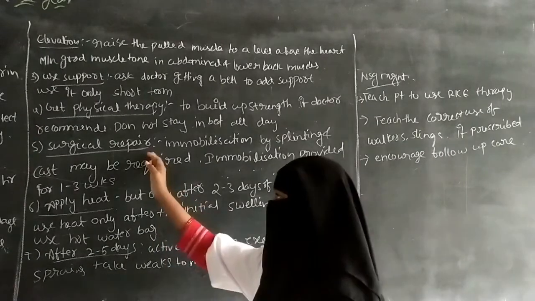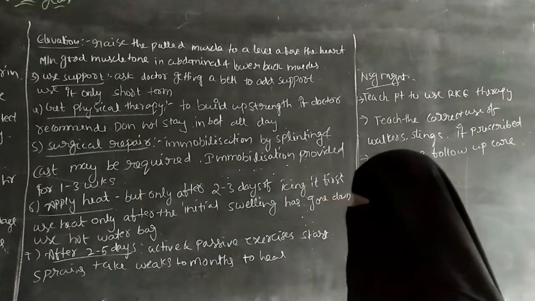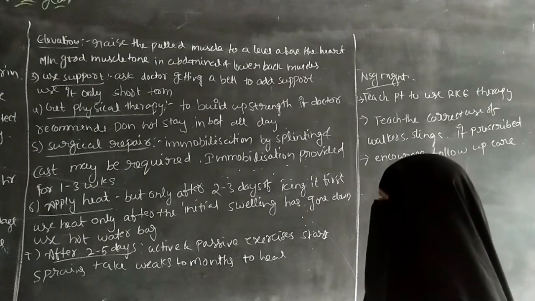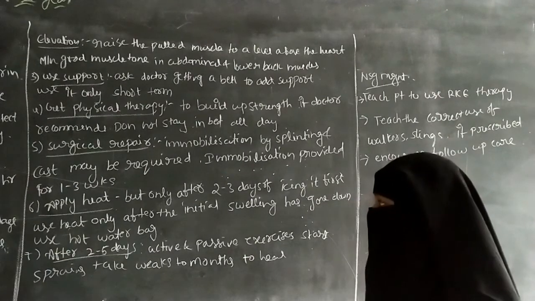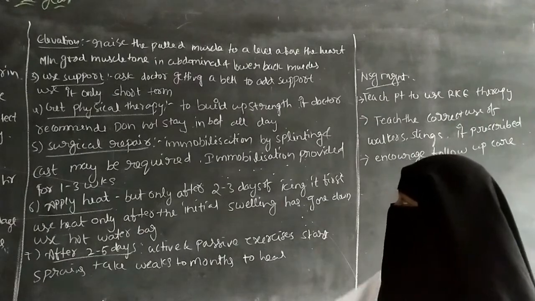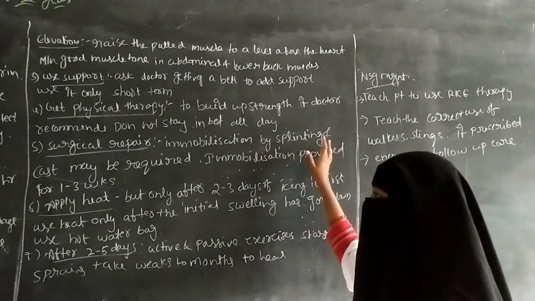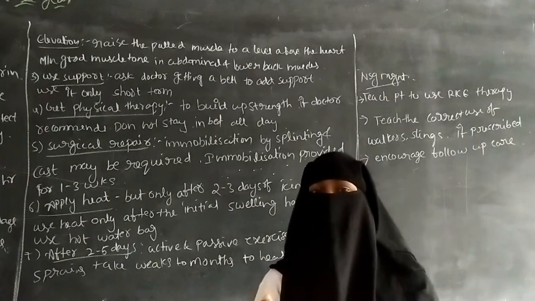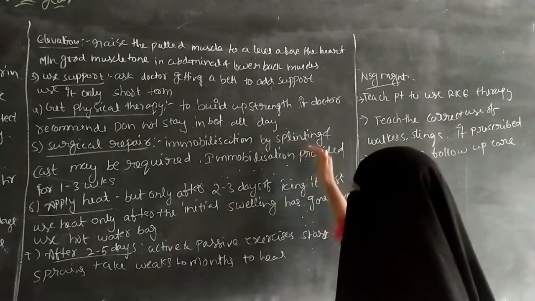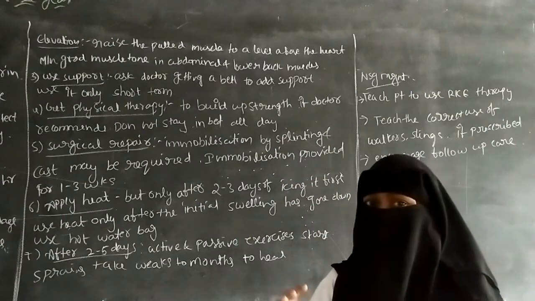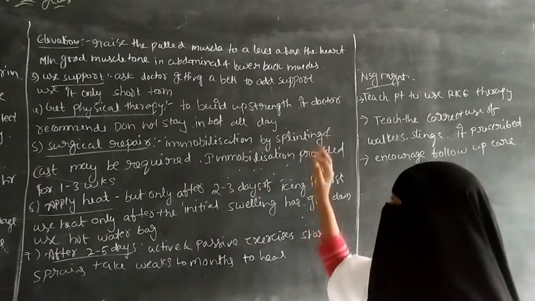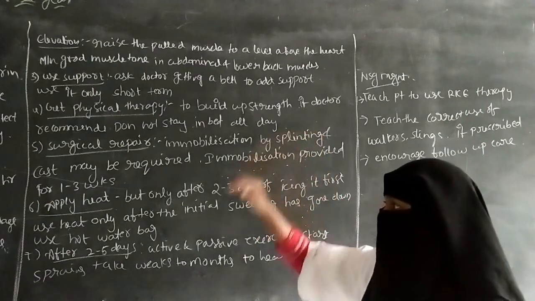So next one is surgical repair. Surgical repair is very important, and immobilization by splinting or cast may be required. It is a supportive measure, and the affected joint can be supported by the splint and cast.